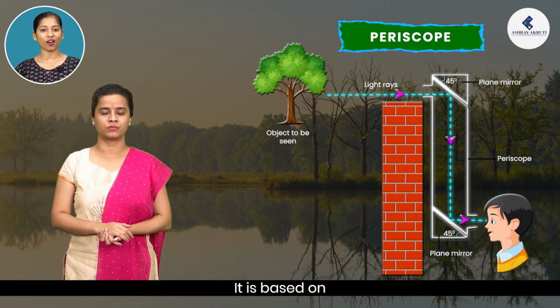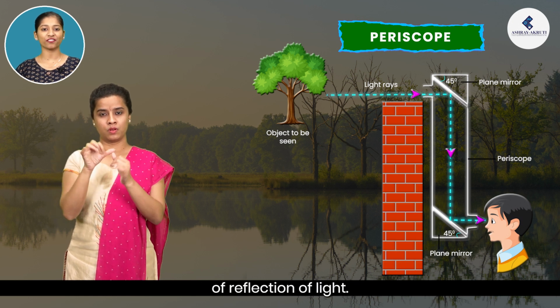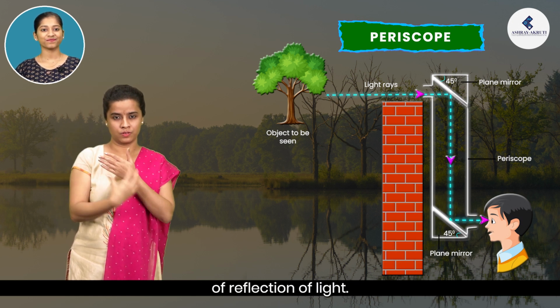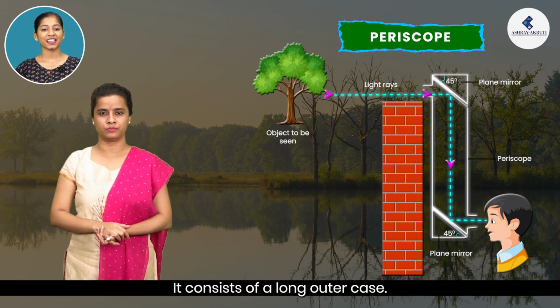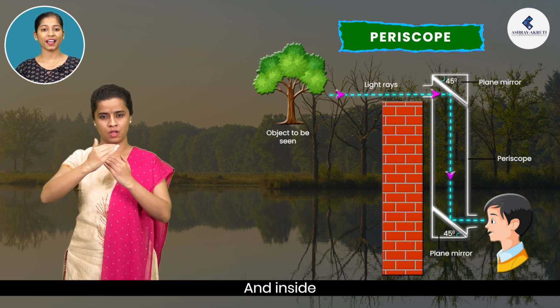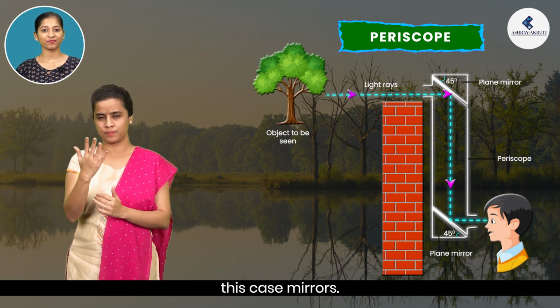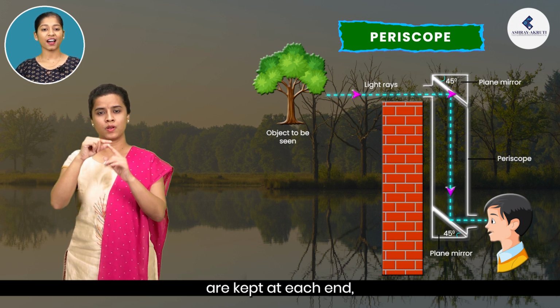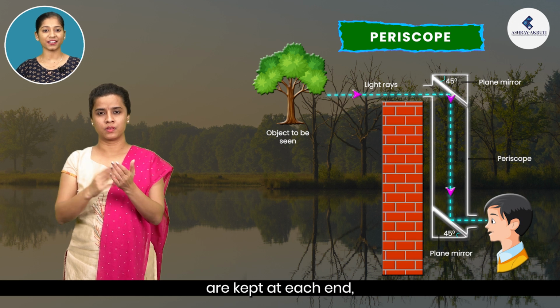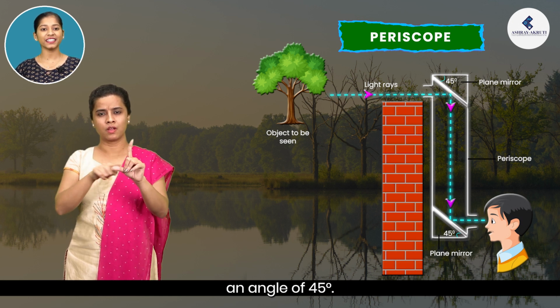It is based on the principle of the law of reflection of light. It consists of a long outer case, and inside this case mirrors or prisms are kept at each end, inclined at an angle of 45 degrees.